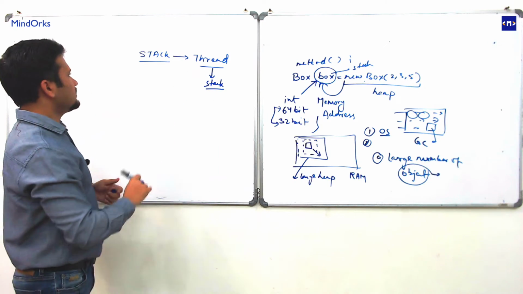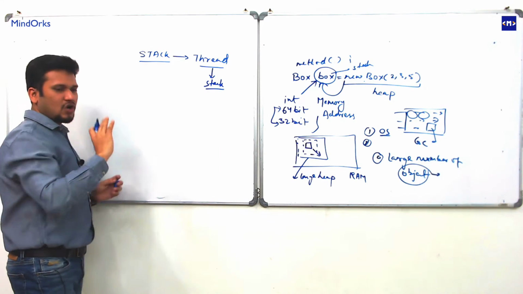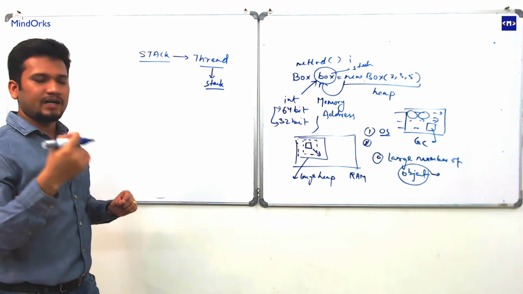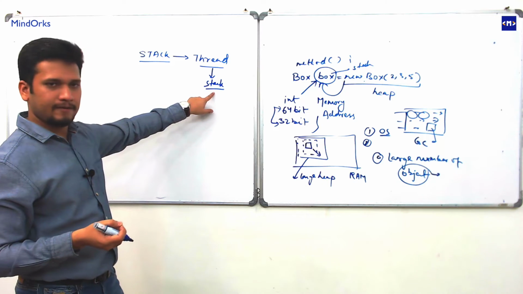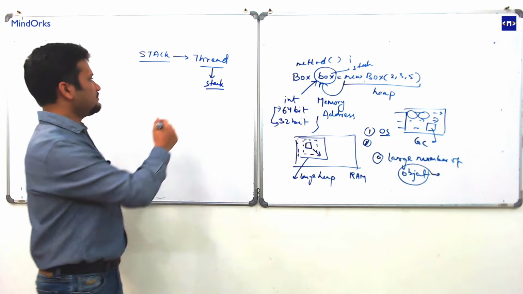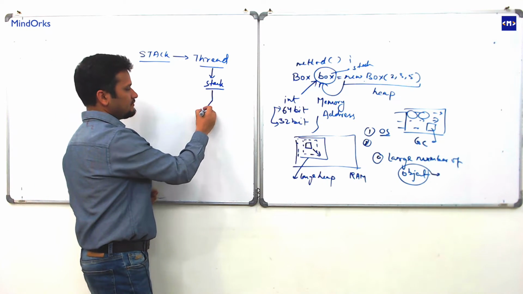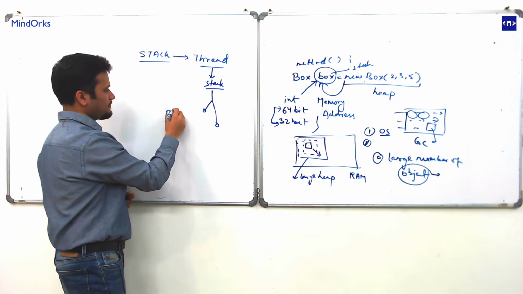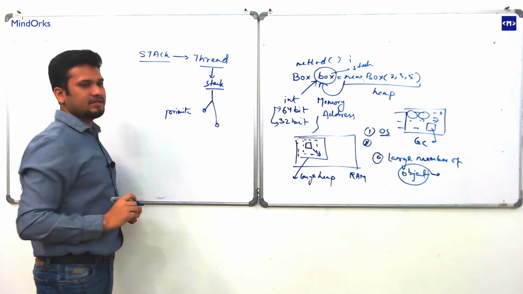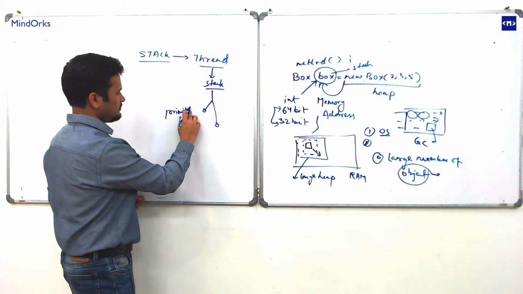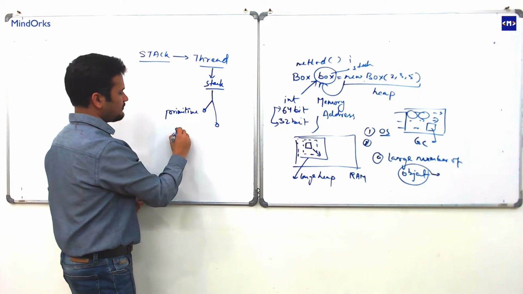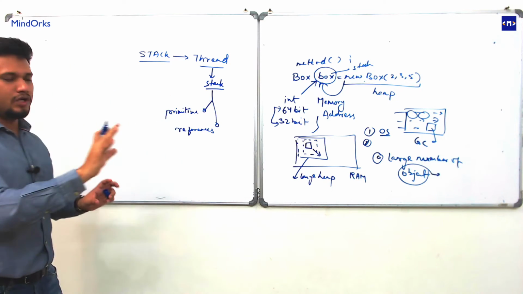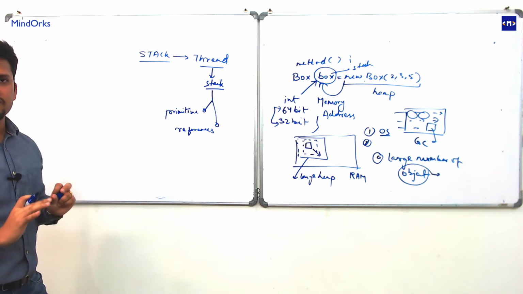Whenever a method is called by this thread, whatever you do in that method utilizes the stack. There is an interesting property of stack: first, it can only store primitive types, and second, it can only store references. Stack can only hold this type of memory.